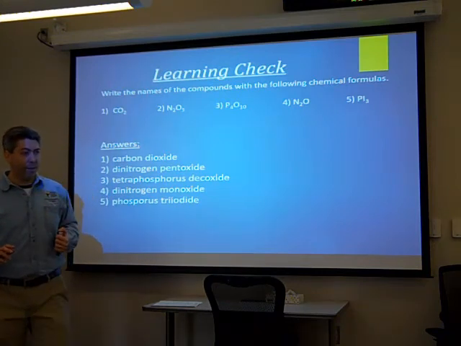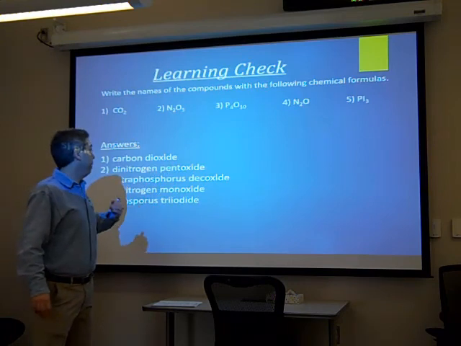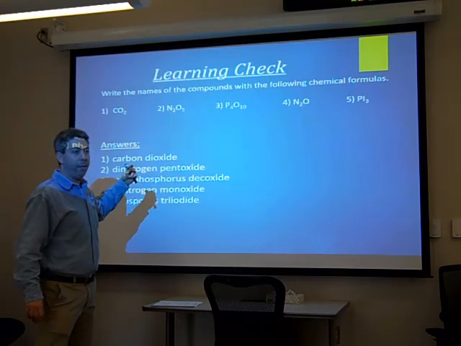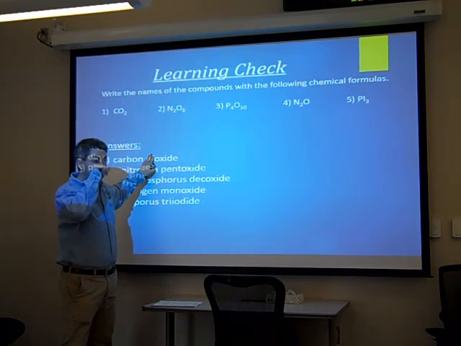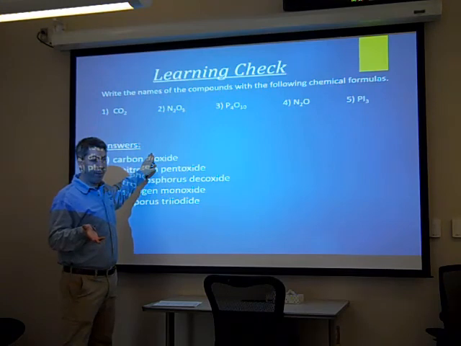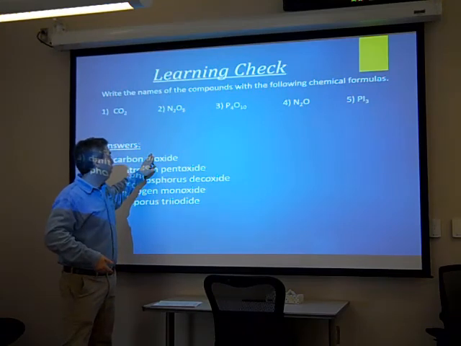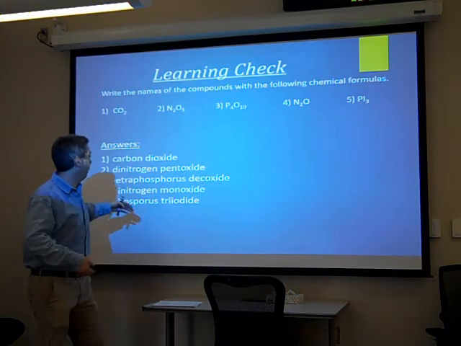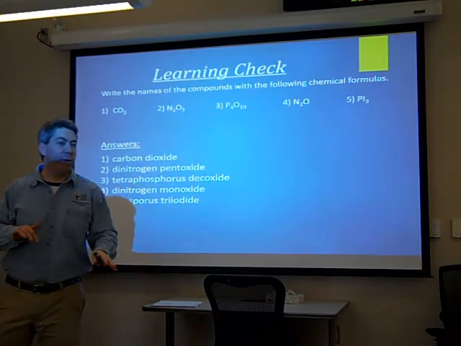So when do you add the IDE? You add the IDE to the second element, and typically it's after the first syllable of the second element. Normally it would be oxygen, right? But you take the first syllable, ox, and then you add IDE, oxide. Or like in this case, iodine is one of those little weird exceptions.